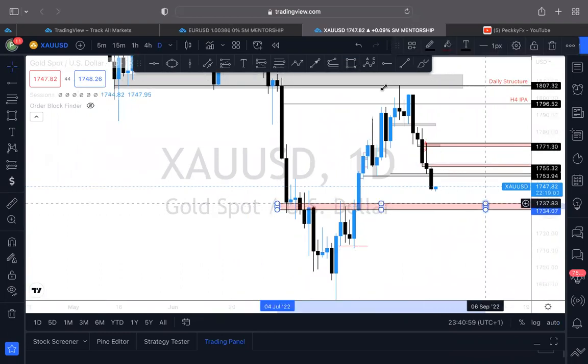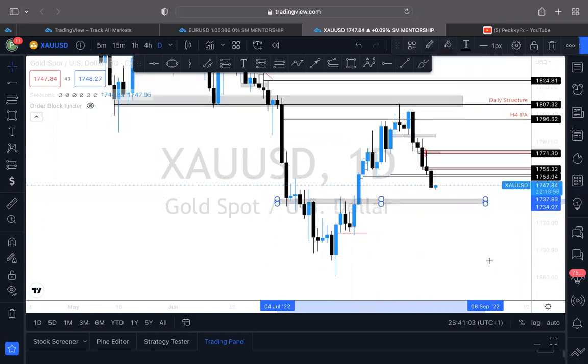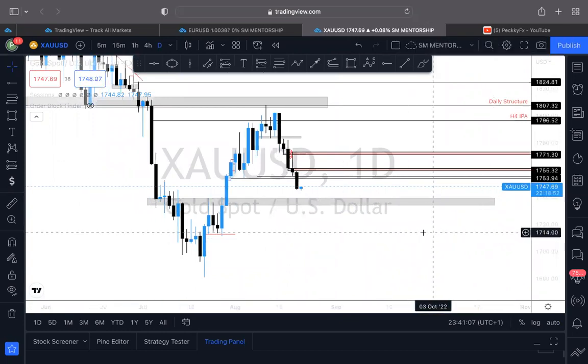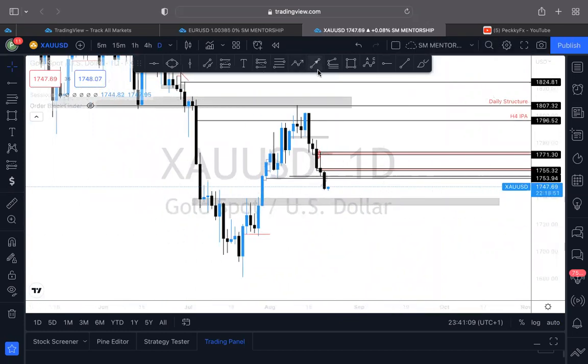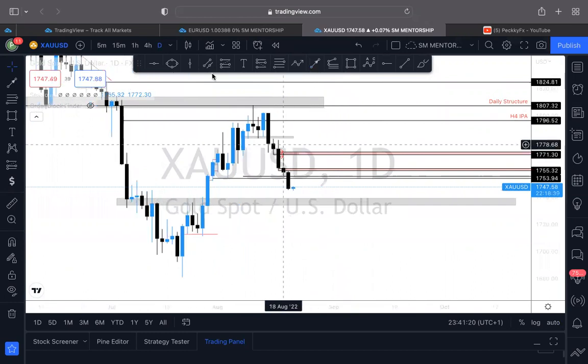It's this zone. Okay, so this is where I'm expecting gold to react, because why? We had support here, got broken, we tested resistance, went back, resistance, then broke through it. So expecting the next reaction on gold at this point.